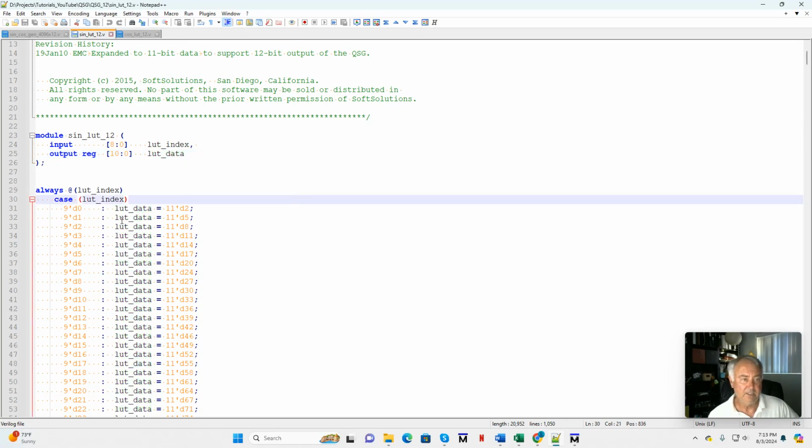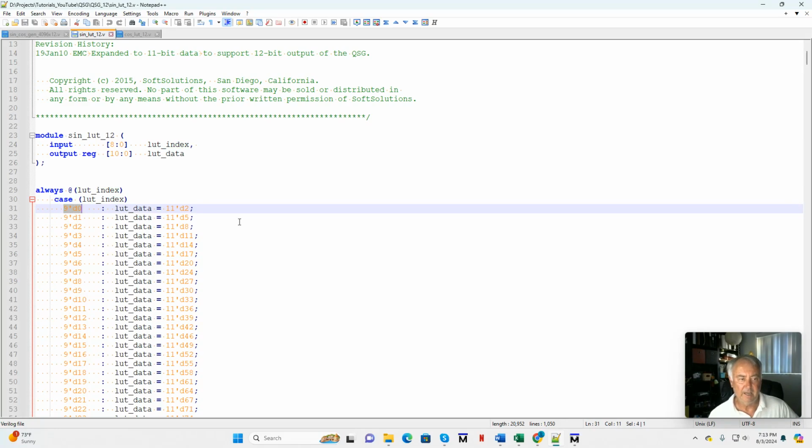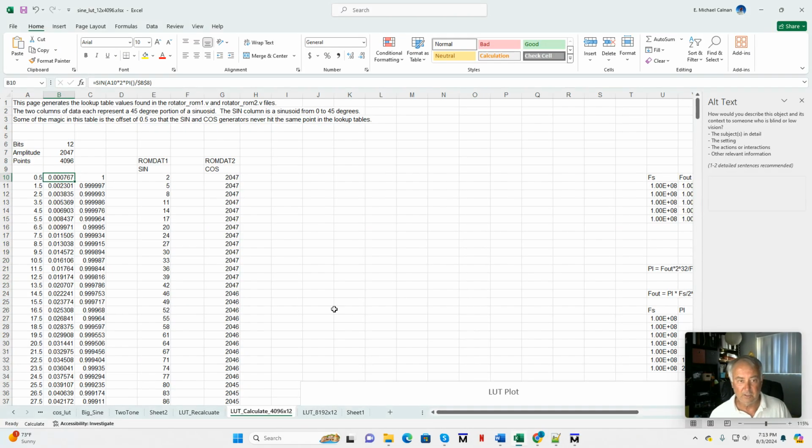In this case, we have a lookup table containing 512 data points. So we need a 9-bit address. There I have a case statement on my index. There'll be 512 of these from 0 to 511. And then I've taken the data generated by that Excel spreadsheet.